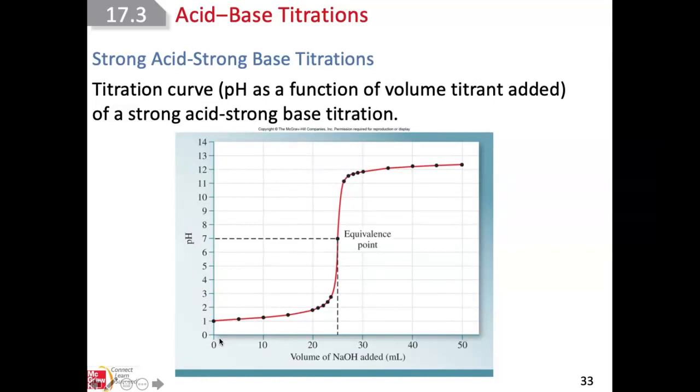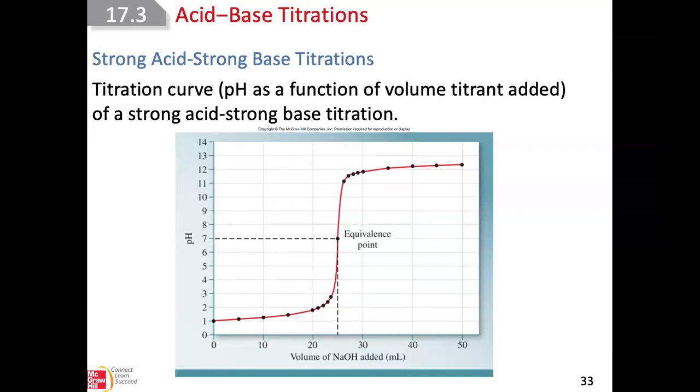When the volume of NaOH was 0 ml, the pH in the beaker or Erlenmeyer flask was 1.0, I believe.